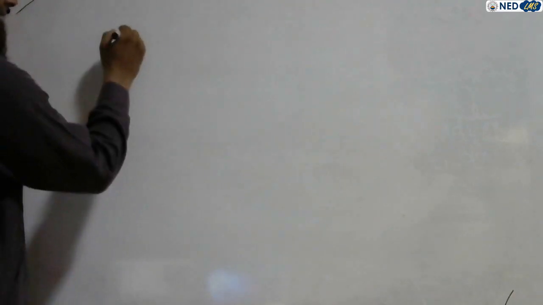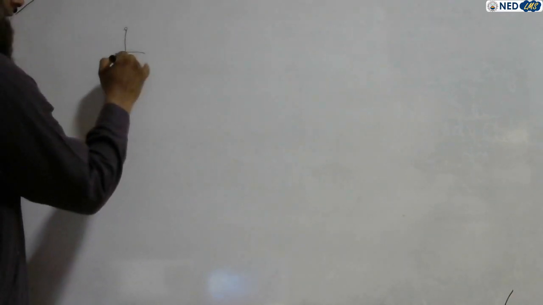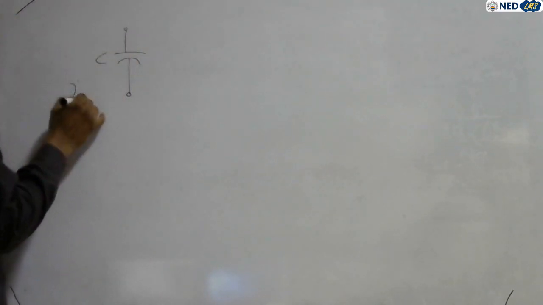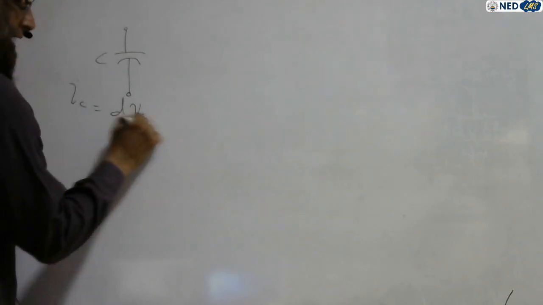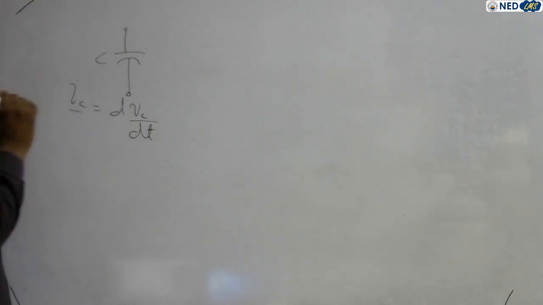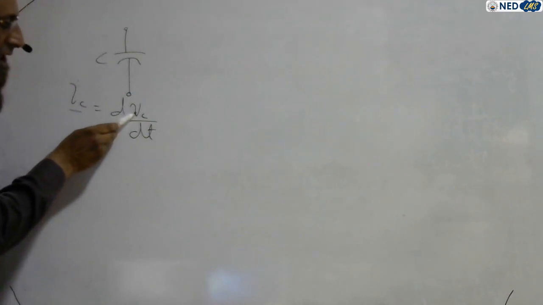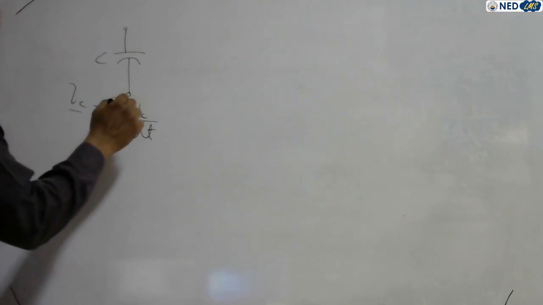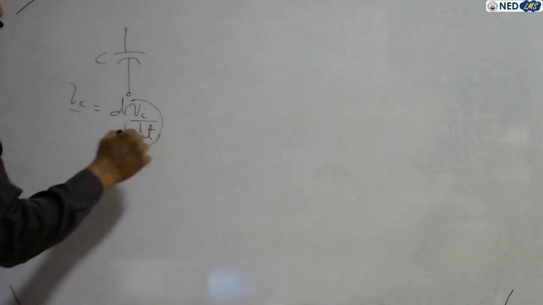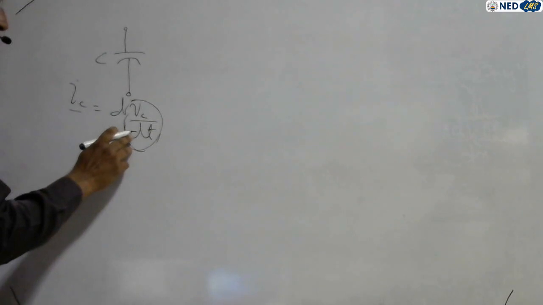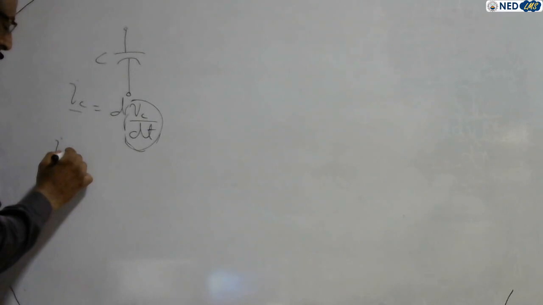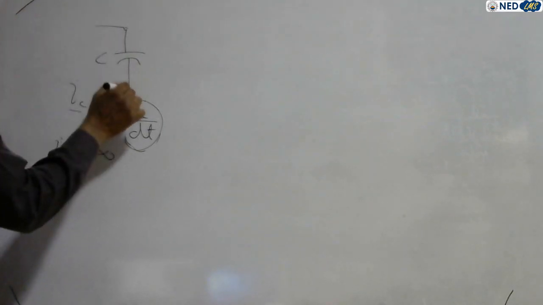Now let's also discuss the behavior of the capacitor. This is a capacitor C. The capacitor current is C dVc over dt, the rate of change of capacitor voltage with respect to time. So you cannot change the capacitor voltage abruptly. If you want to change the capacitor voltage abruptly, you have to have infinite current at the terminals of the capacitor.